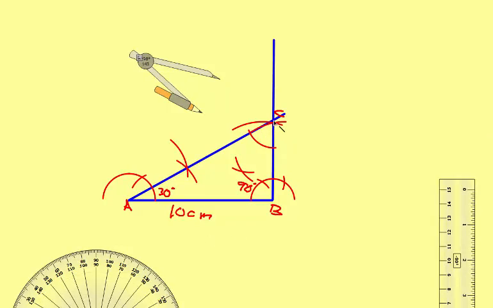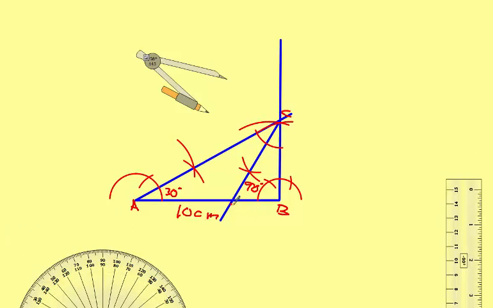So from this point, according to the question, to meet AB, that's the line AB at D. So you call that point D. So this is D.